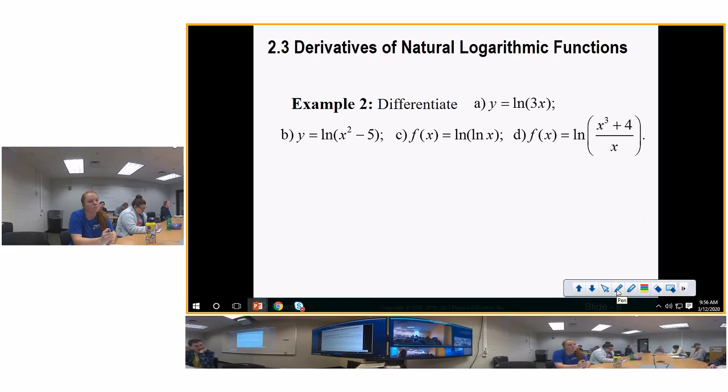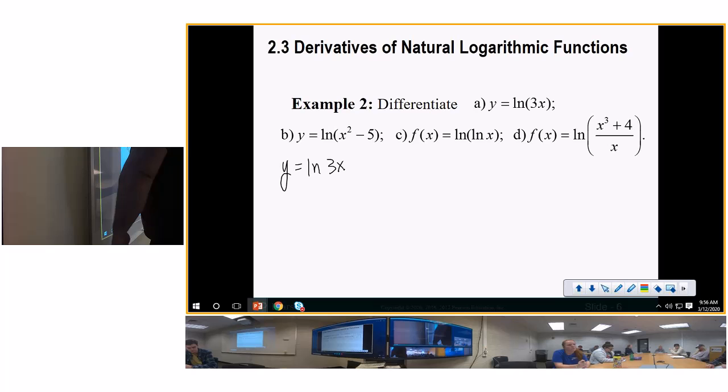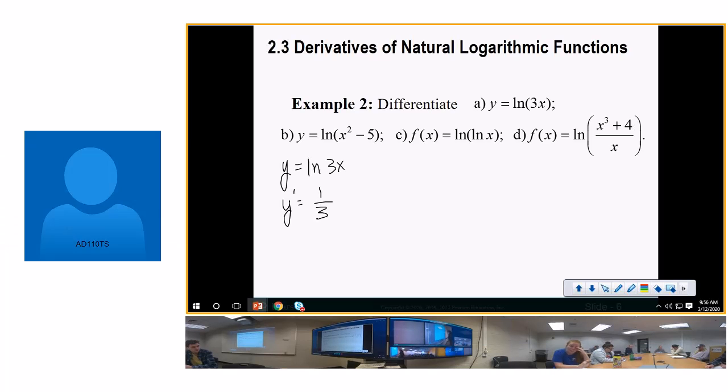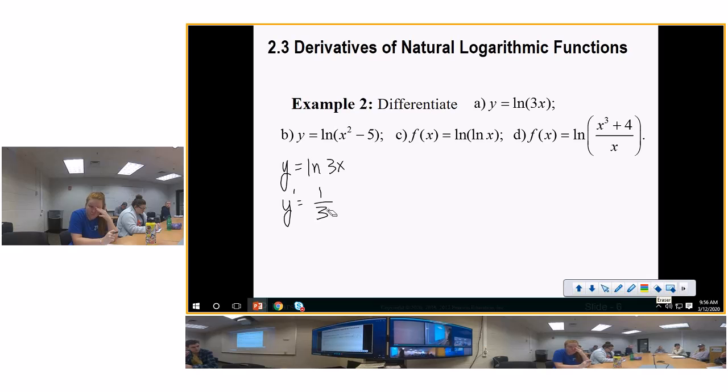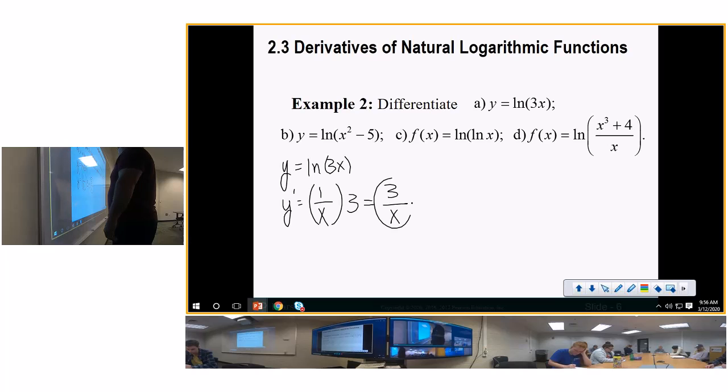So y is equal to natural log of 3x. So that's going to be y prime is equal to 1 over 3x. I'm sorry. 1 over x times the derivative of what's inside, which would be 3, which would be 3 over x.